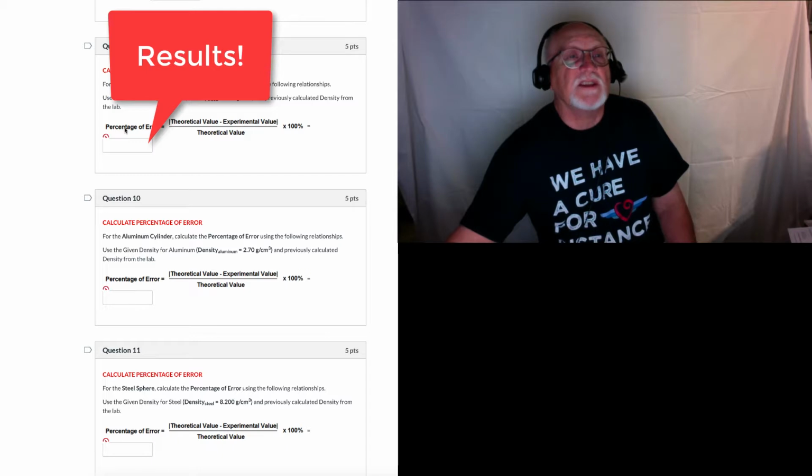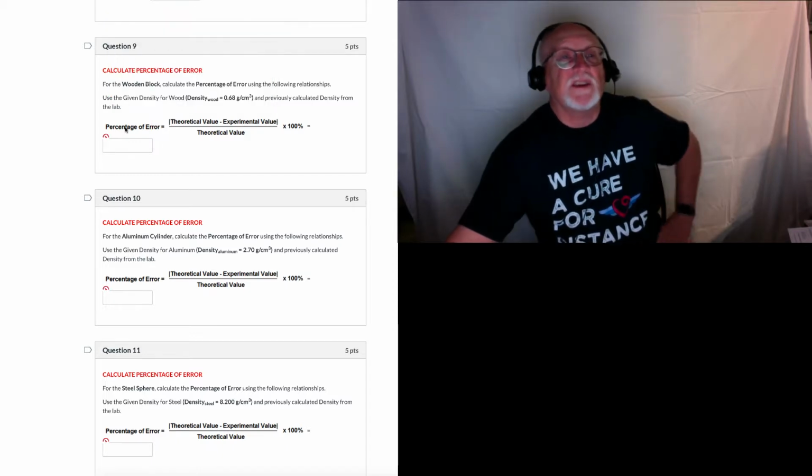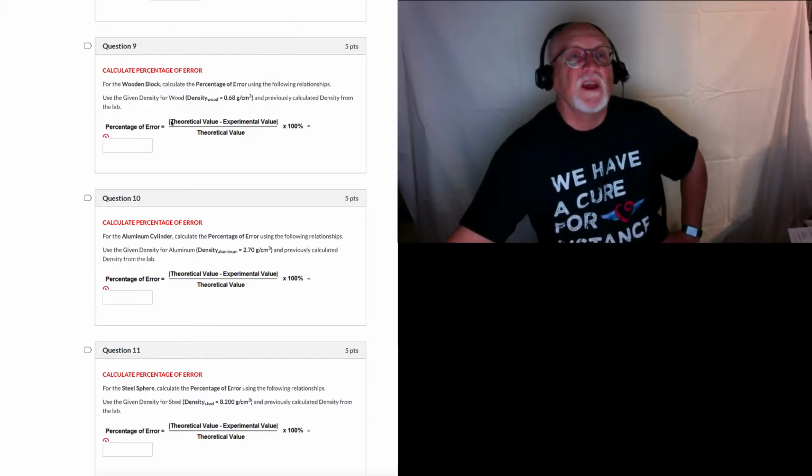So in this case, the expression that defines the percentage of error is the absolute value. That's what those 2 lines mean on either side of the expression in the numerator: theoretical value minus experimental value. That value that you find associated with theoretical value of wood, oh look, it's right here. And then your value.